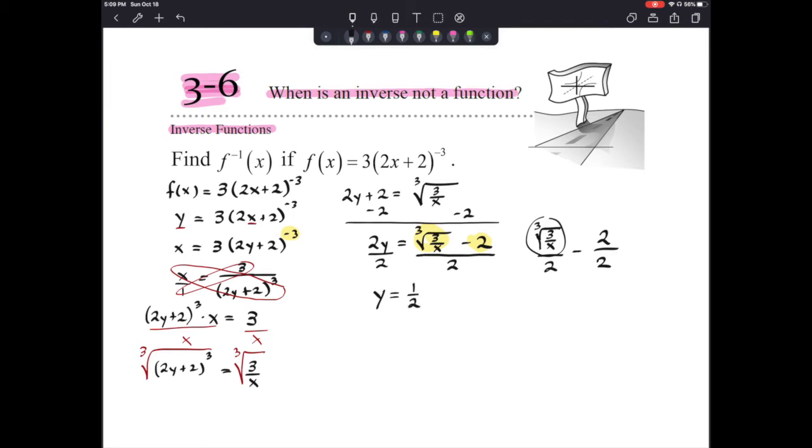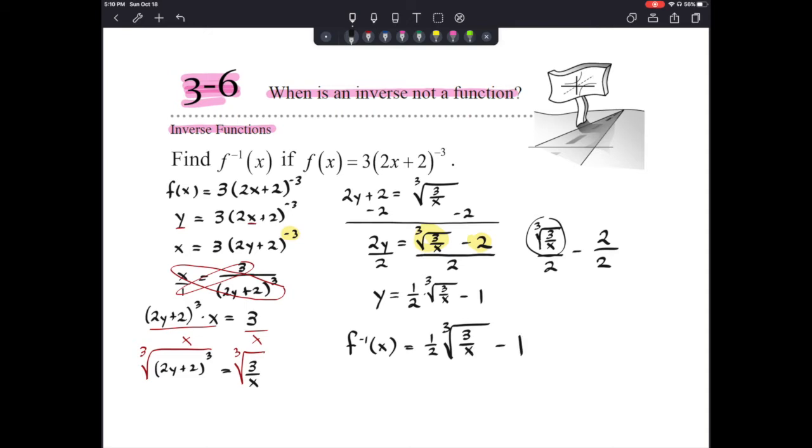So it's like a 1/2 times the cube root of 3 over x. And then when I subtract 2 over 2, really that's the same thing as 1. So I'm going to subtract 1. And that is going to be our inverse. So the inverse of function f would equal 1/2 times the cube root of 3 over x minus 1.